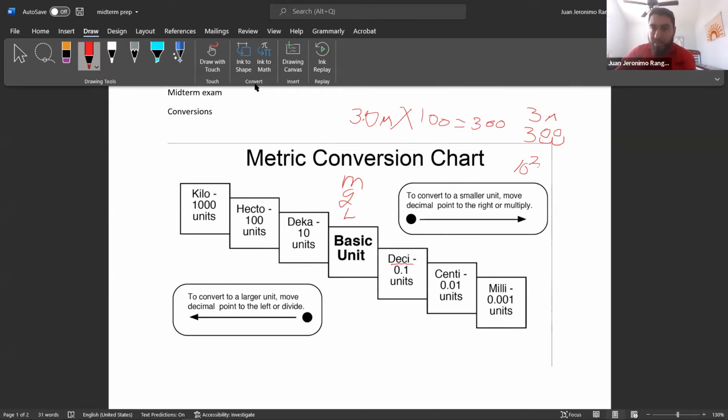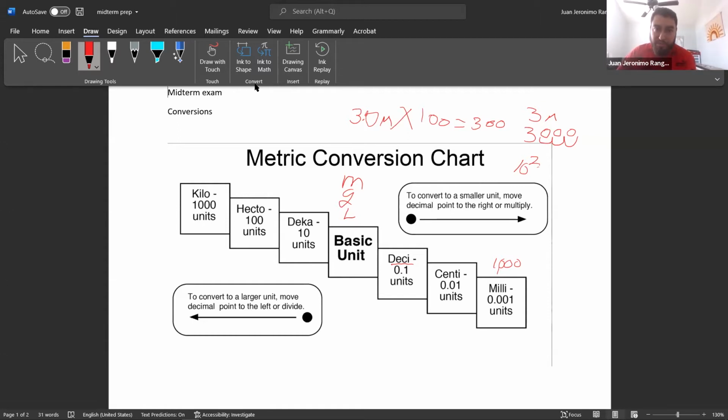But if you're gonna convert 3 meters to millimeters, you would move it over 3 times, and you get 3,000, because milli means thousands. Or again, you could just multiply 3 by 1,000.